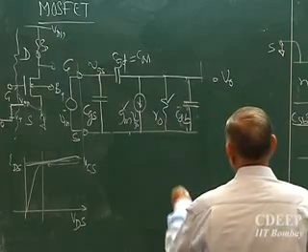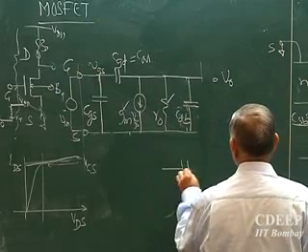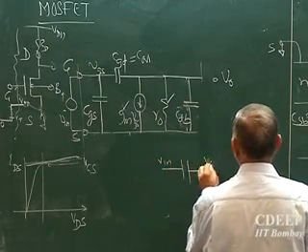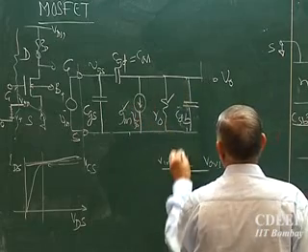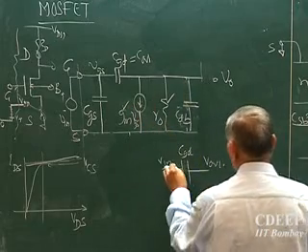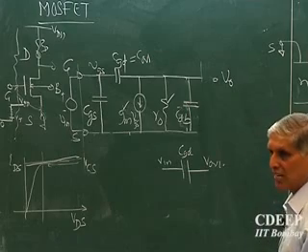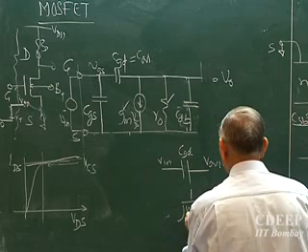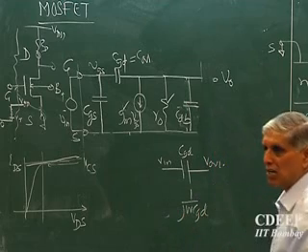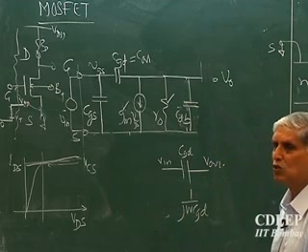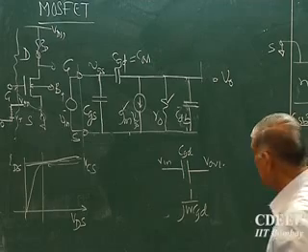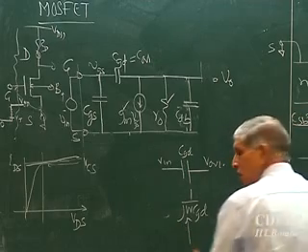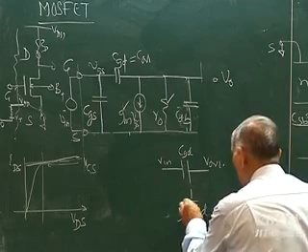Let's look at a circuit. You have a capacitor between input and output. This is your CGD. When will it influence directly for you? When 1 upon j omega CGD should be higher or lower? If it is higher, it is good because it will open. Okay, higher means what? Omega should be smaller.